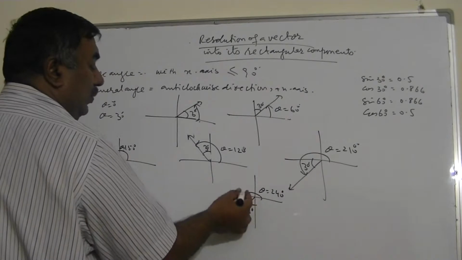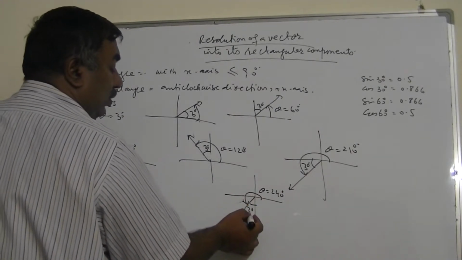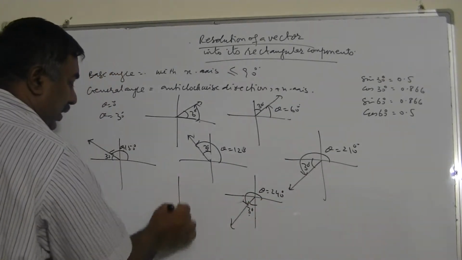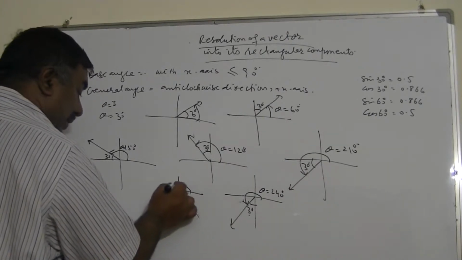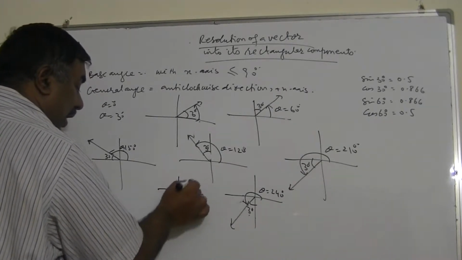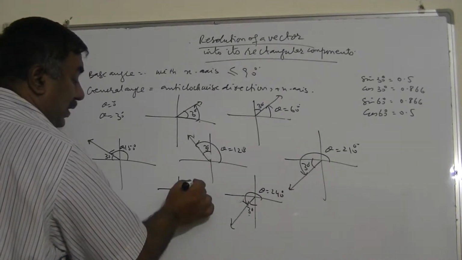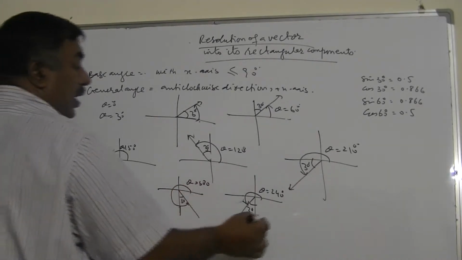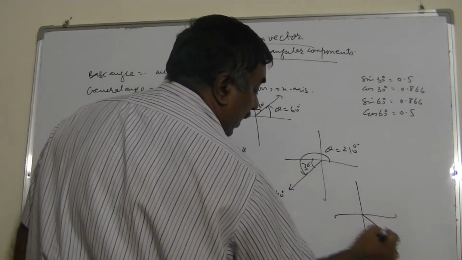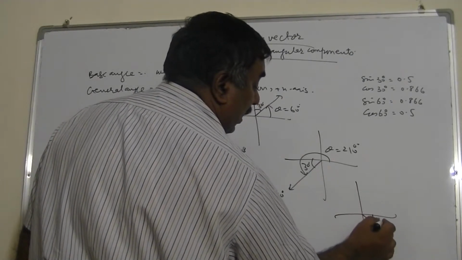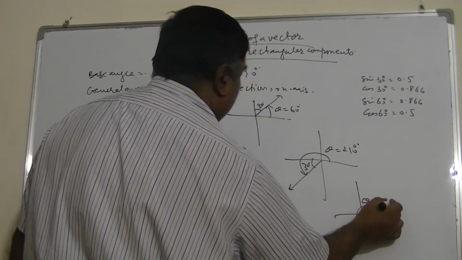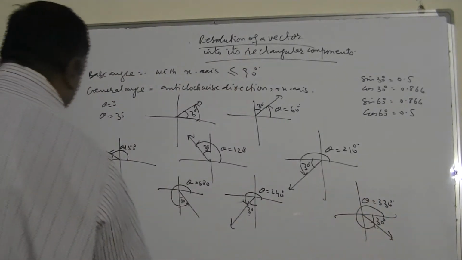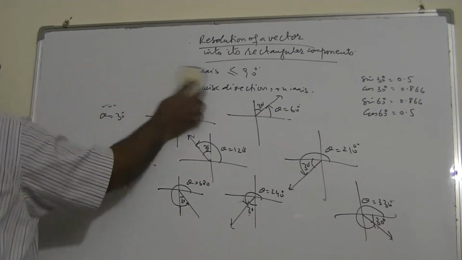Or you can calculate it as 270 minus 30, which is 240 degrees. If the angle given here is 30 degrees, the general angle is 270 plus 30, which is 300 degrees. If the angle here is 30 degrees, the general angle will be 330 degrees.